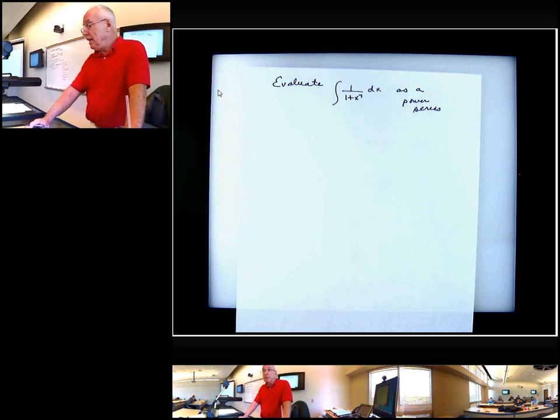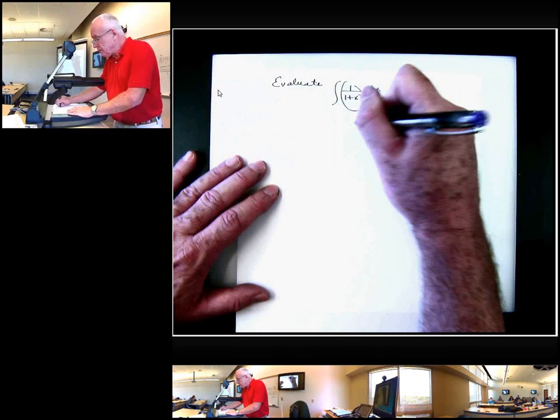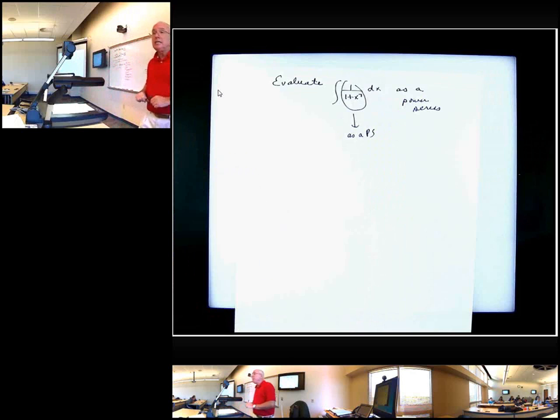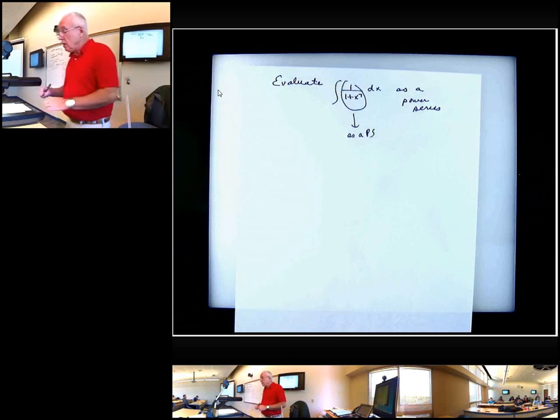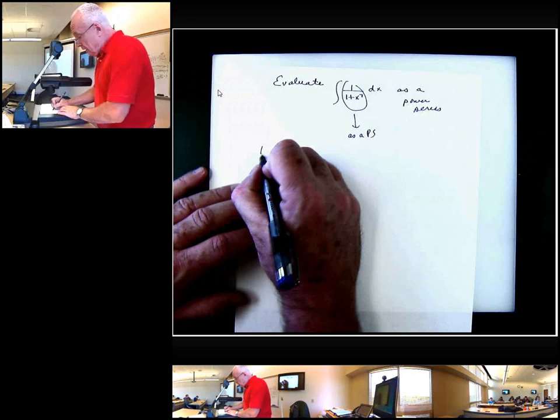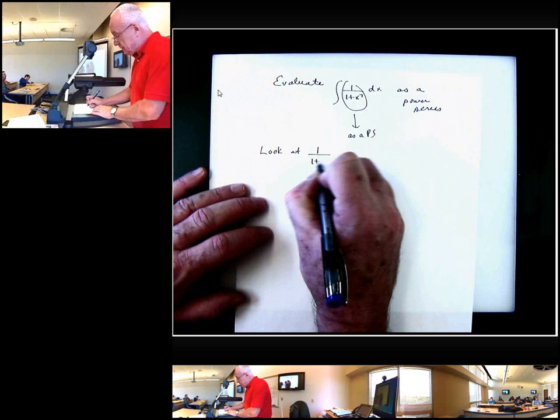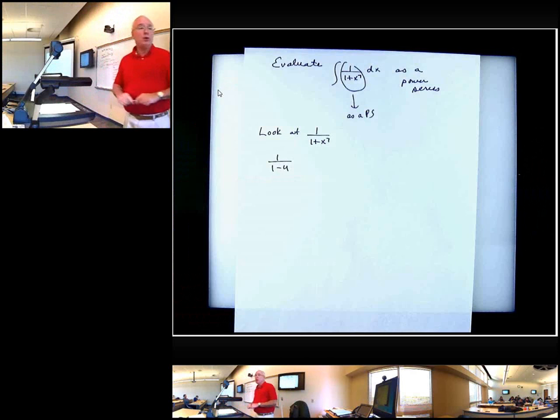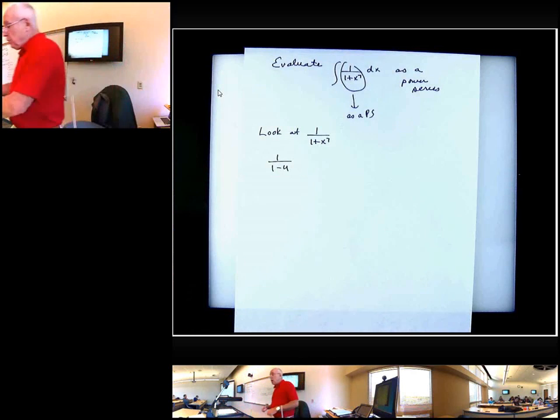But if I can represent this right here as a power series, I'll be able to get the antiderivative, all right? So let's just first of all look at 1 over 1 plus x to the 7th. And remember our guiding formula, 1 over 1 minus u. So how am I going to rewrite this?